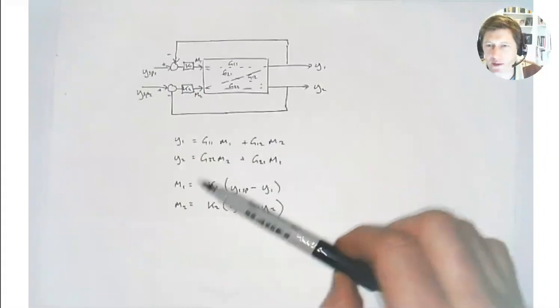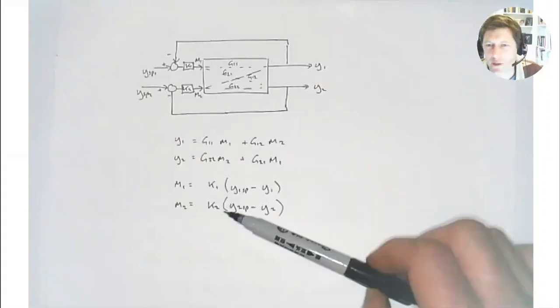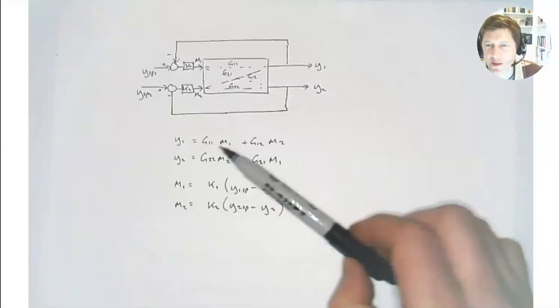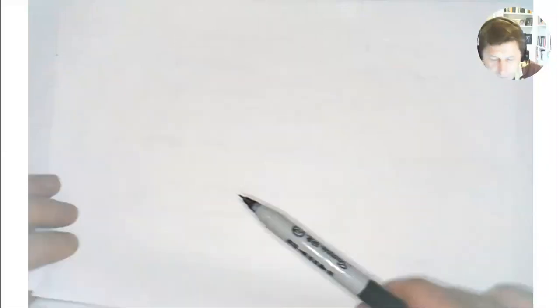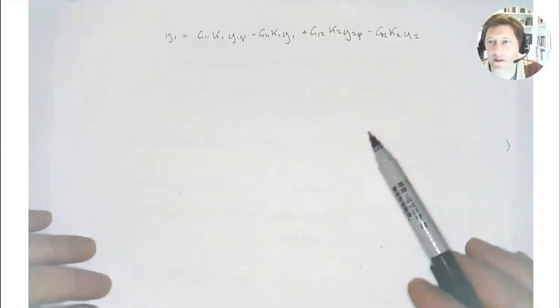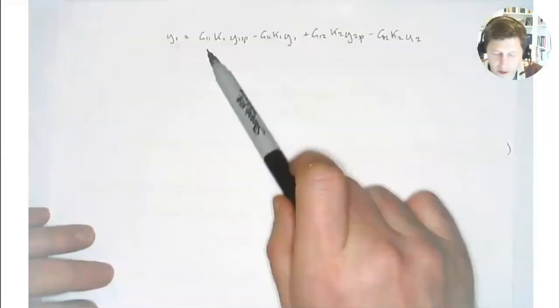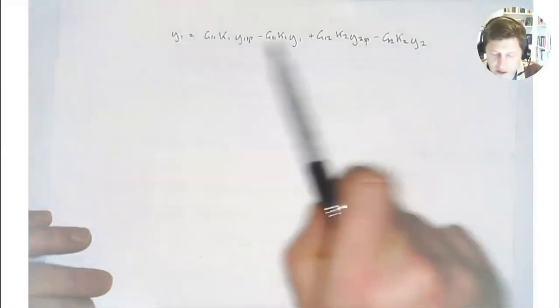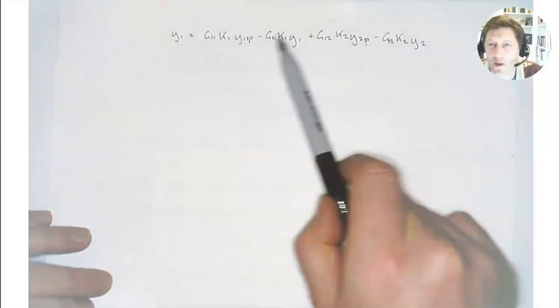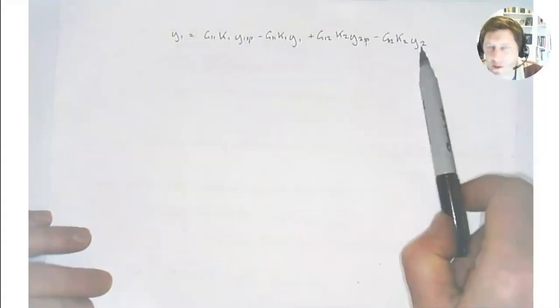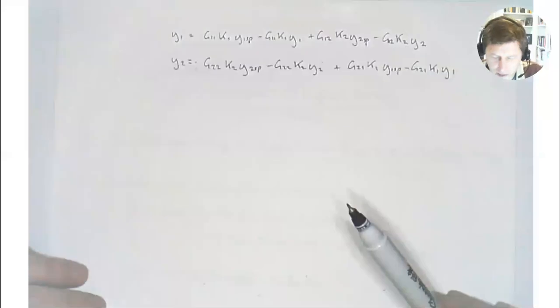So we can put this expression in for M1, and we can put this expression in for M2, and then multiply them through. And we get this one to begin with. So Y1 is equal to this expression. It's got these four parts, which are in terms of Y1 SP, Y1, Y2 SP, and Y2. And likewise, you do the same for Y2.